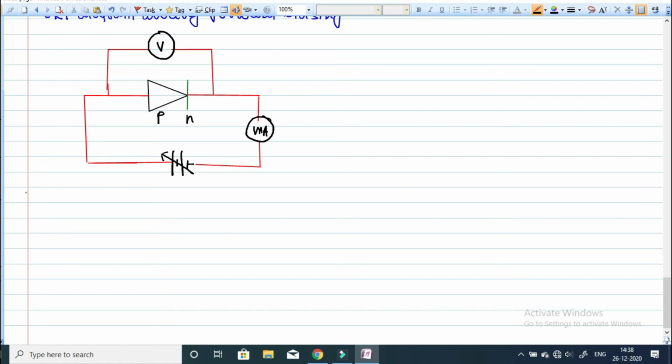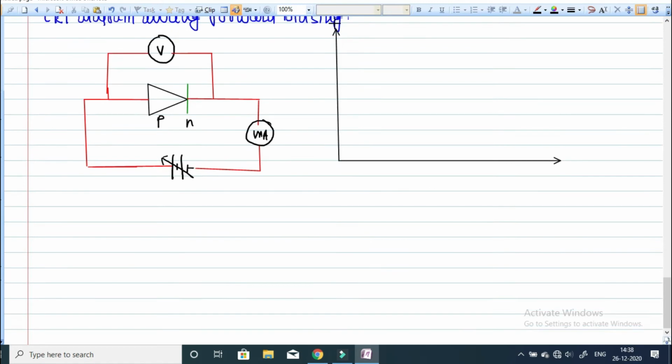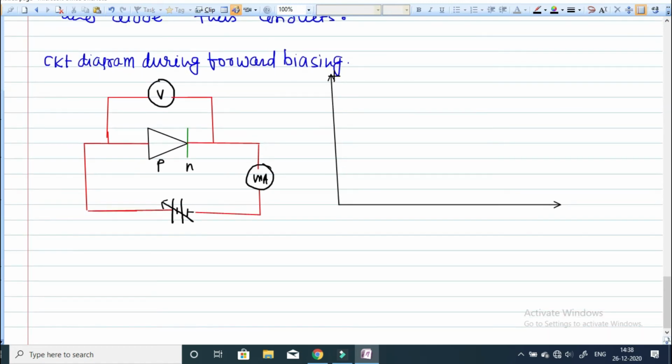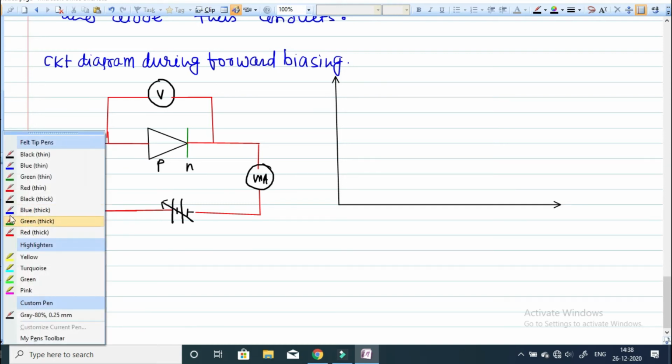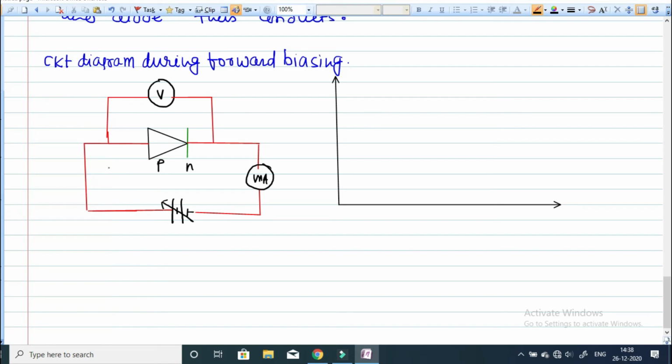Now we will draw the characteristics during the forward biasing and reverse biasing. Let me draw the axis. This is the x-axis, and this is our y-axis. So now we will take the current along the y-axis, IV characteristics basically, current in milliampere and potential difference along the x-axis in volt.